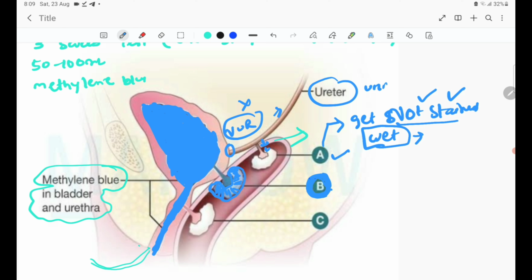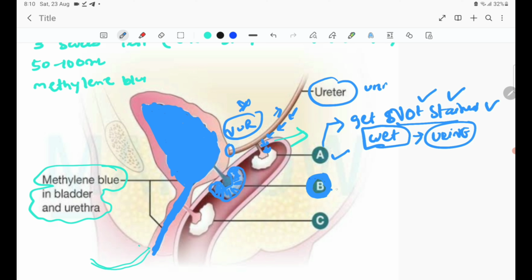That confirms the leakage is directly from the ureter, not from the bladder or urethra, because in normal patients there is an absence of VUR. The urine comes down through this fistulous tract, drains into the uppermost part of the swab, and wets the swab without staining it with methylene blue.